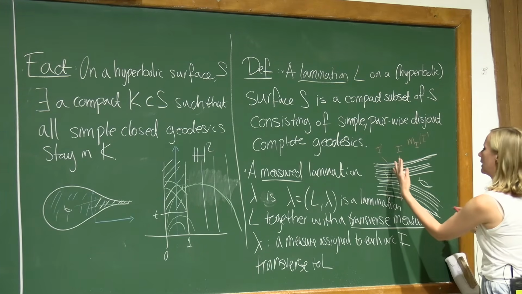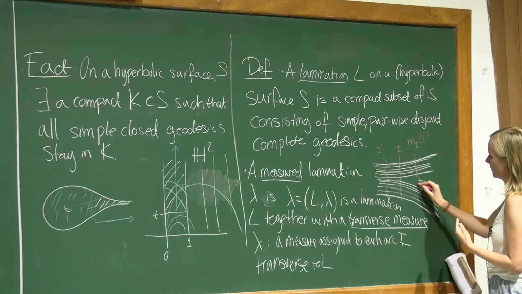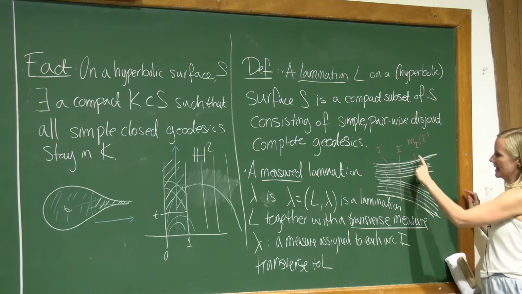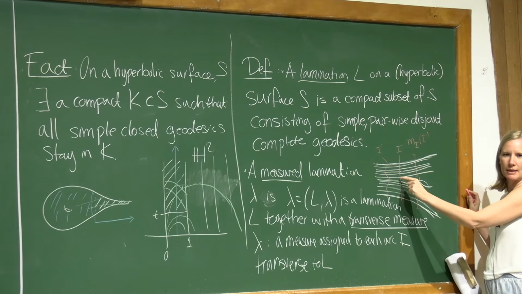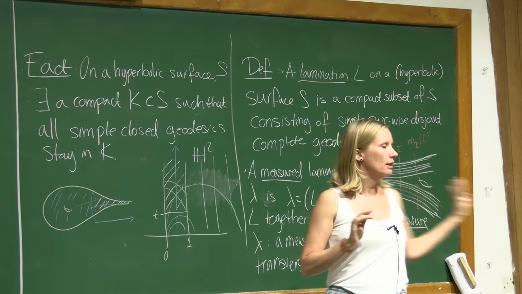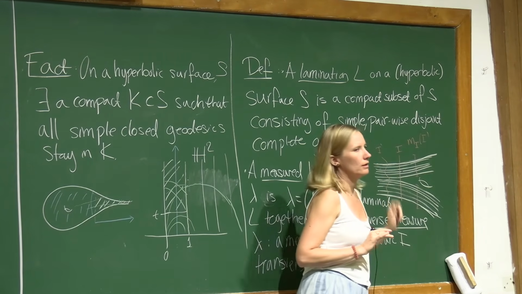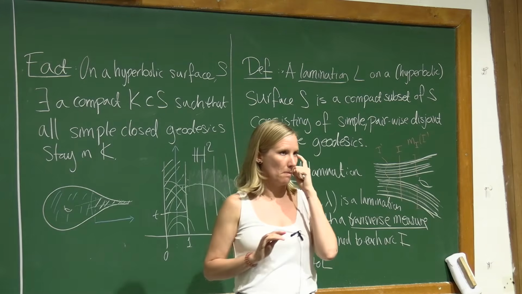And if I homotope it out like this and it breaks into two arcs, then the sum of these two measures should be the same as the measure assigned to the original. So it acts nicely with moving the arc homotopically along the lamination.